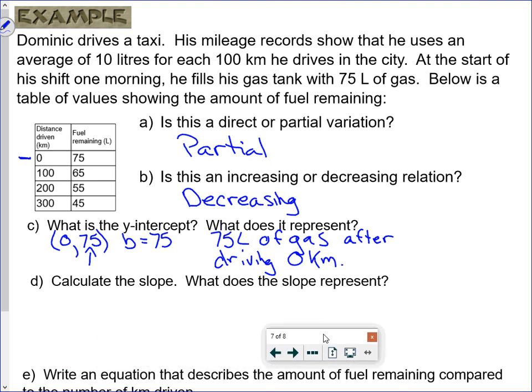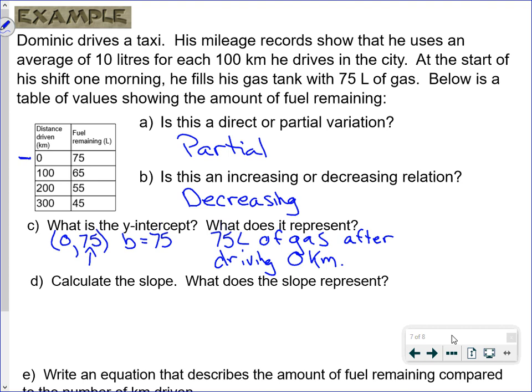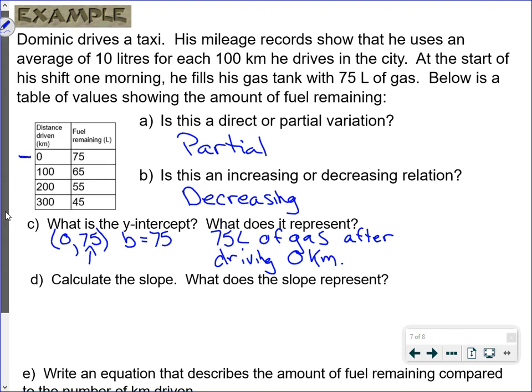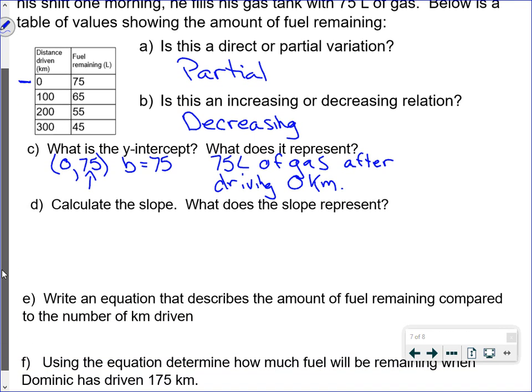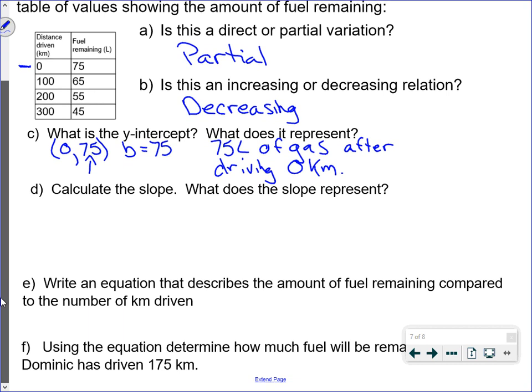Next we want to calculate the slope and determine what the slope represents. So our slope, remember, we need to choose 2 points from our table of values. So I'm going to choose 0, 75, and the second point of 100, 65.